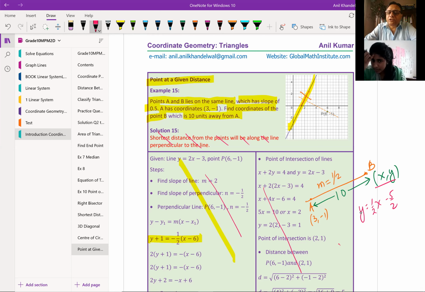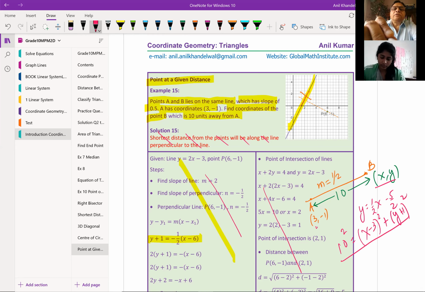So you know 10 squared is equal to x minus a's x value, plus y minus, which is plus 1, whole square, correct? So use the distance formula. Now you have two equations. One is the equation of the line you just calculated, y equals half x minus 5 by 2. Substitute that here for y.